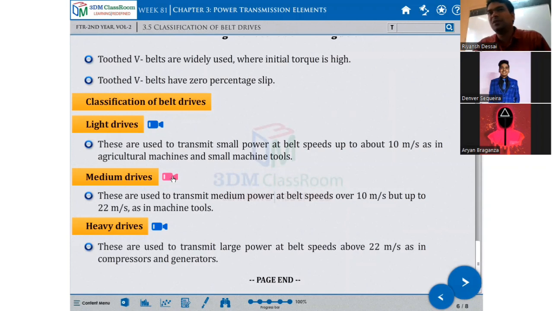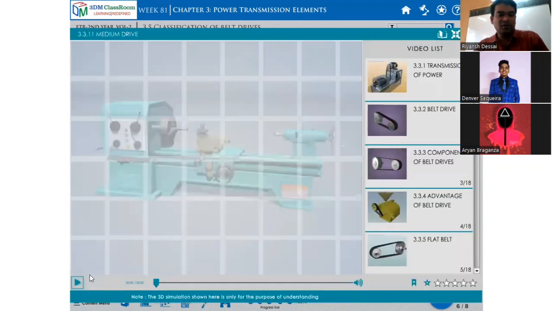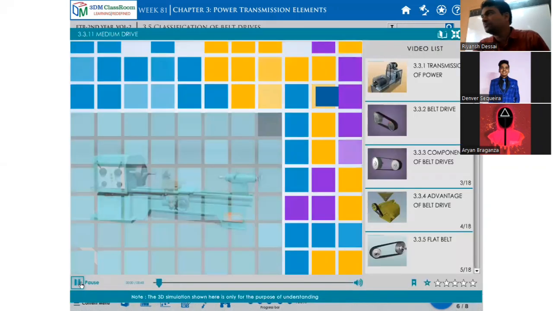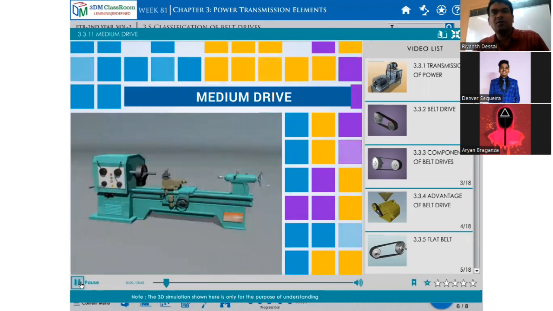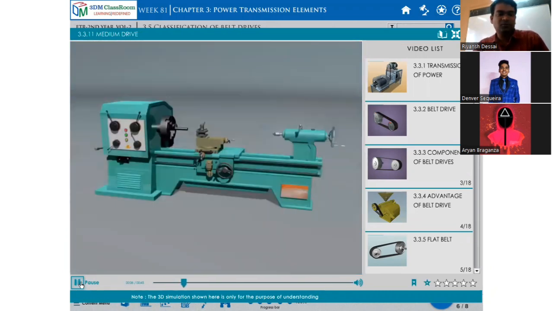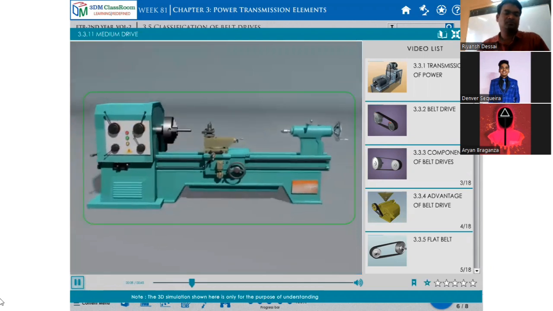So here the speed is from about 10 to 22 meters per second. They come under medium drive. The example given is the lathe machine. We will discuss the medium drive.